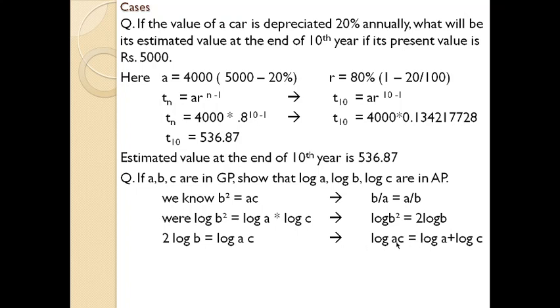Log AC, otherwise known as log A plus log C. Okay, don't get confused by reverse thinking from this step to this. Once you change this form to this one, you need to consider the mathematical concept. As per the mathematical concept, log AC means log A plus log C.